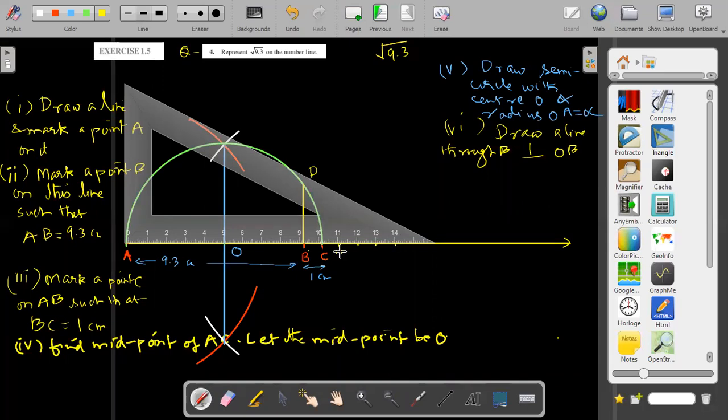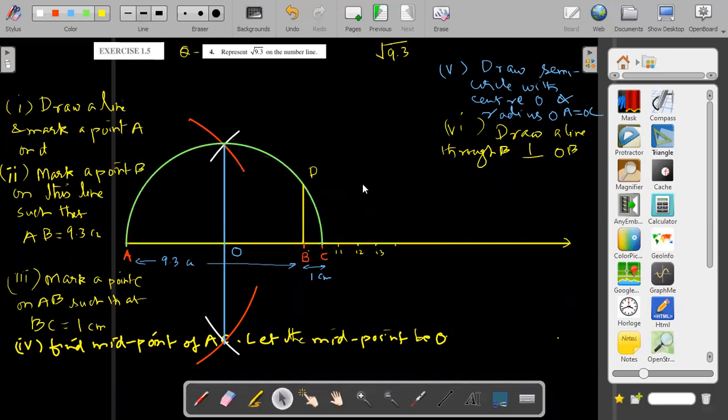Like this, you can make up to the end of the line, so that you can get the exact point. This BD will represent under root 9.3.